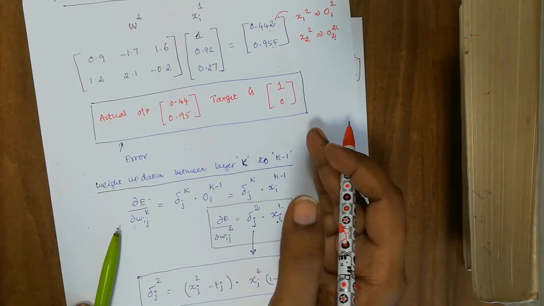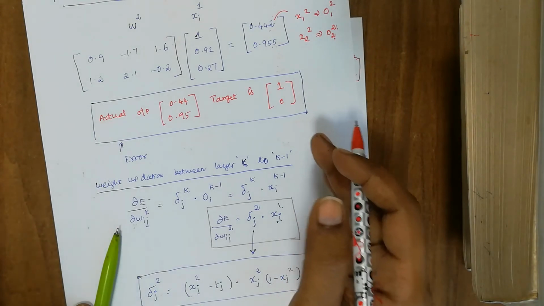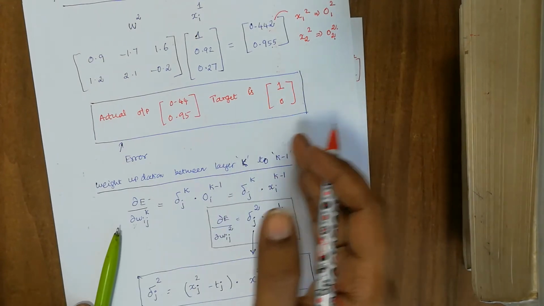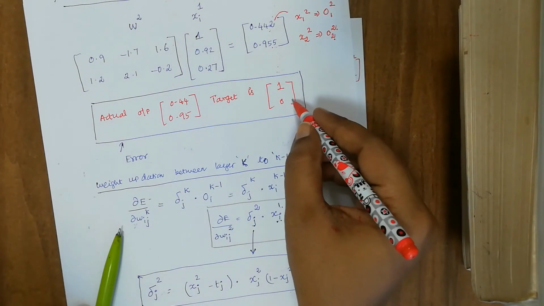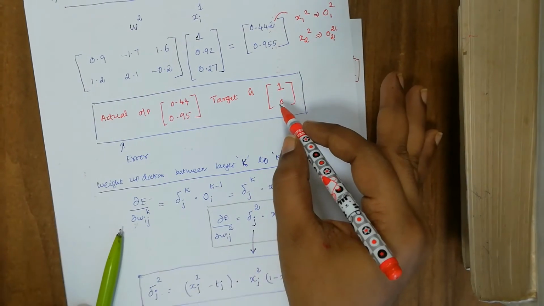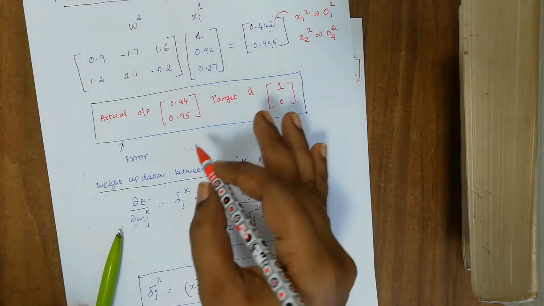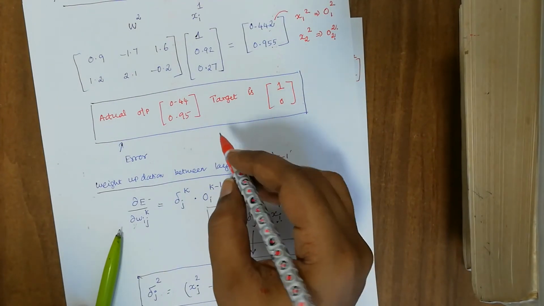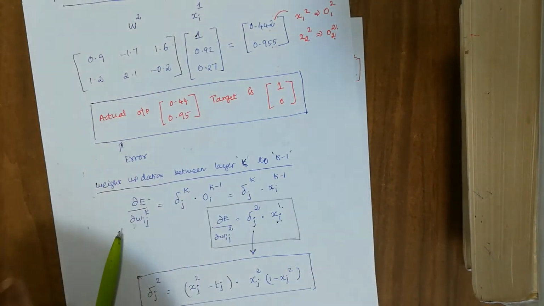When we have obtained the value at the output, and we check whether it is the same as the target output, then there is no updation in the weight. But if there is a difference between the actual value and the target value, then we have to go for the back propagation learning.